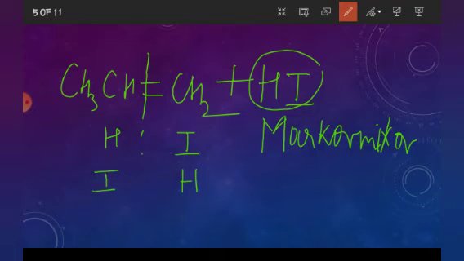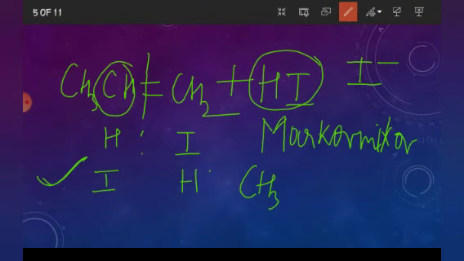Here the negative part of the addendum, which is I minus, will attach to that carbon atom which has lesser number of hydrogen atoms. It means it will attach here. So here I will come and here H will come. The major product formed in this case will be CH3 CHI CH3. This is in accordance to Markovnikov rule.